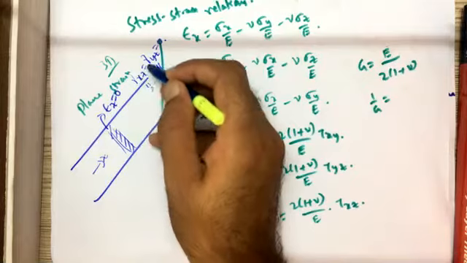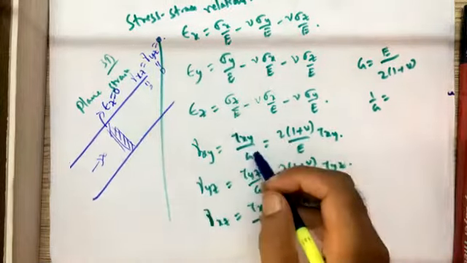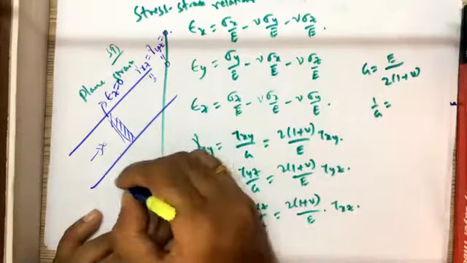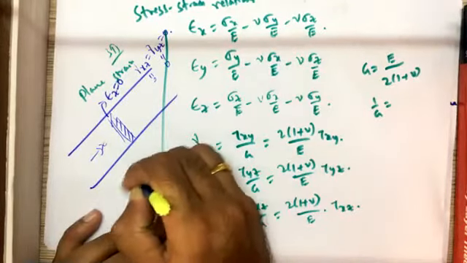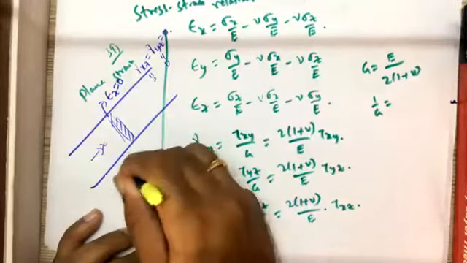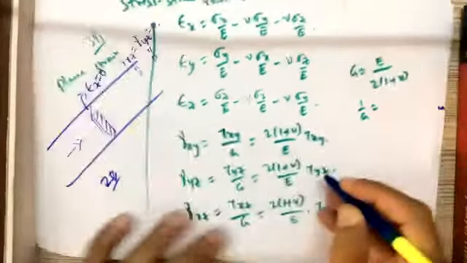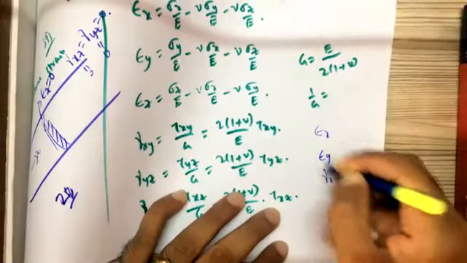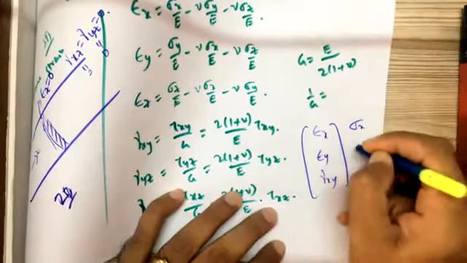So gamma xz and gamma yz will be 0. See, for two dimensions, for plane stress or plane strain, we only have epsilon x, epsilon y, gamma xy, and the stresses sigma x, sigma y, tau xy, right?